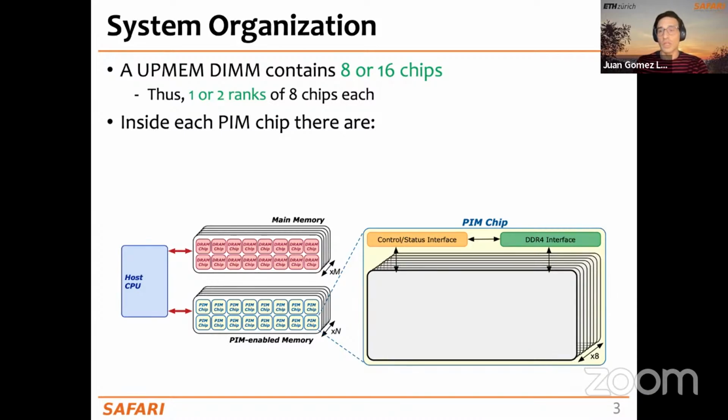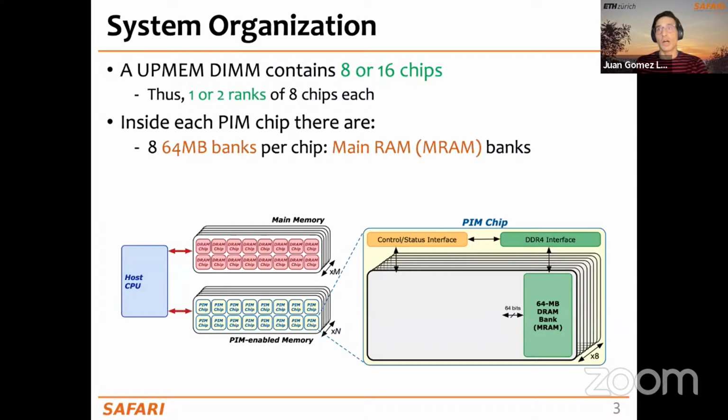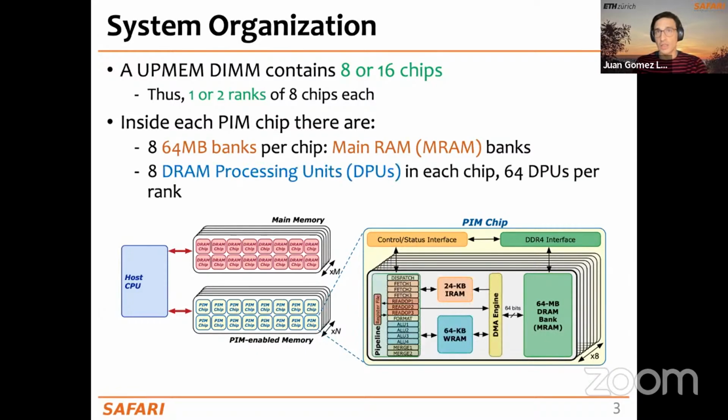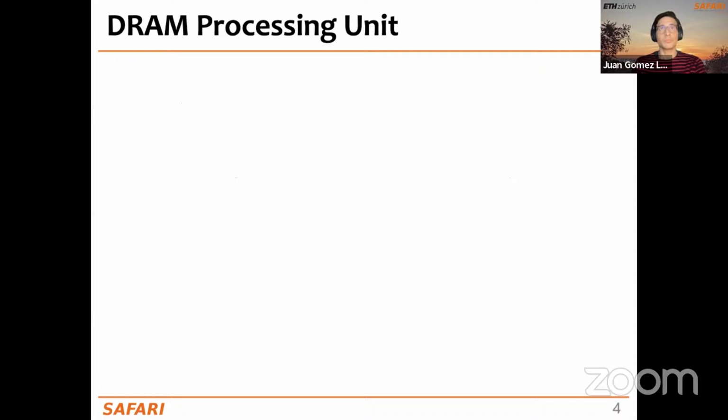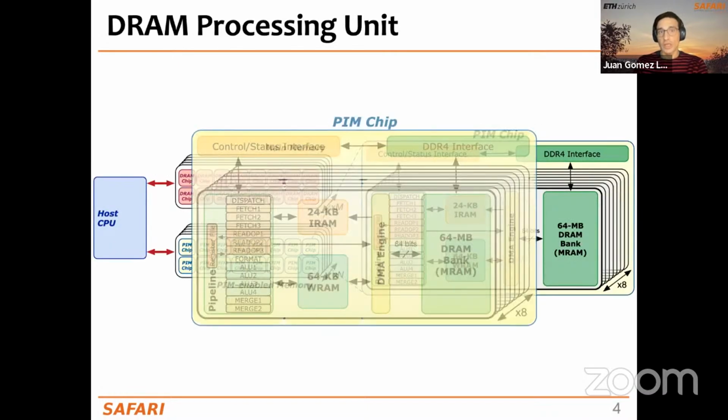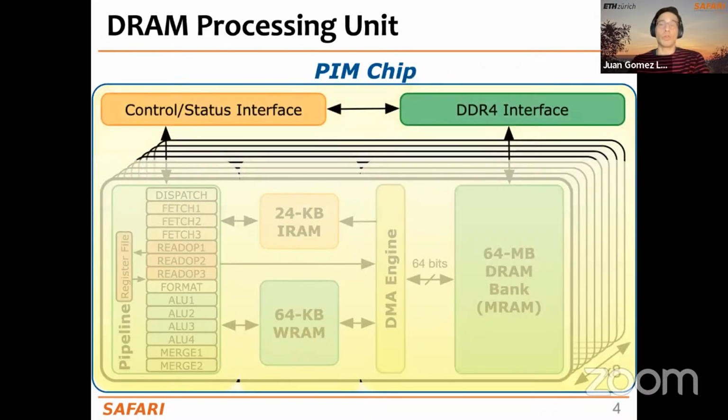What do we have inside each PIM chip? There are 8 DRAM banks called MRAM of size 64 megabytes in the current generation of this architecture. And then there are 8 DRAM processing units, or DPUs. Each DPU can access 1 MRAM bank. If we take a closer look at the internals of the PIM chip, we find the control and status interface for the CPU to communicate with the pipeline of the DPU.